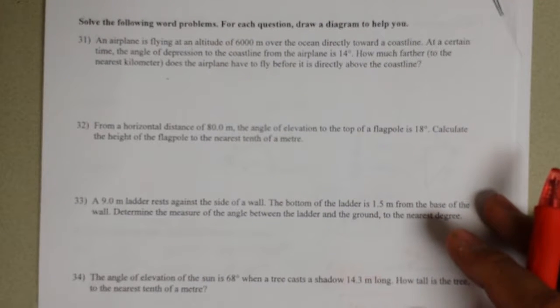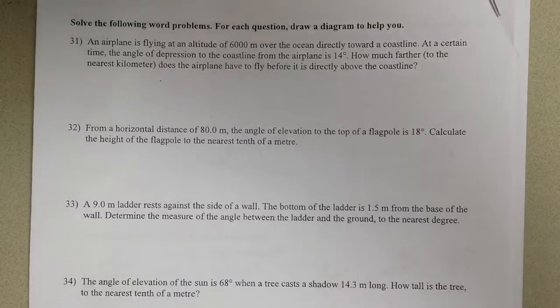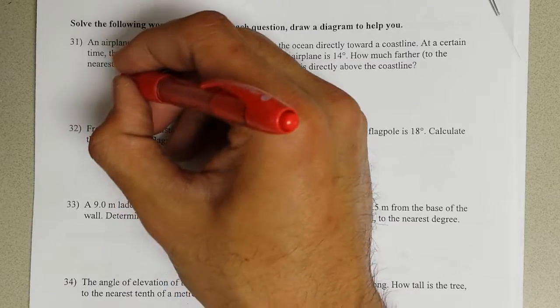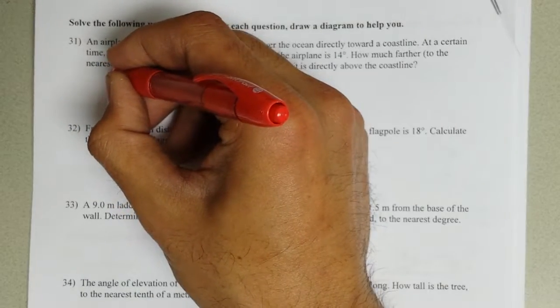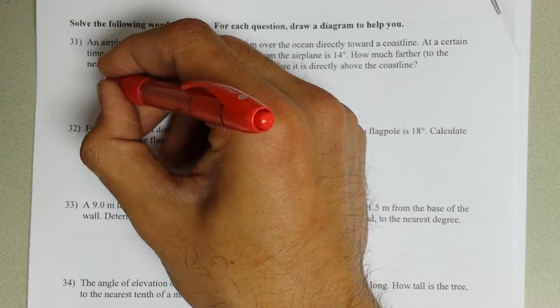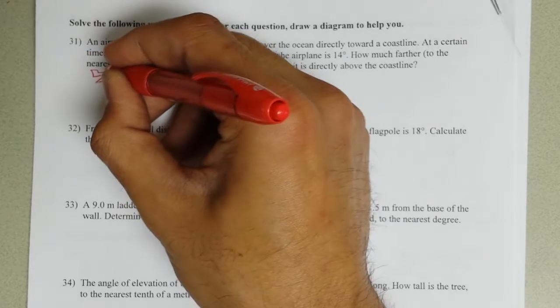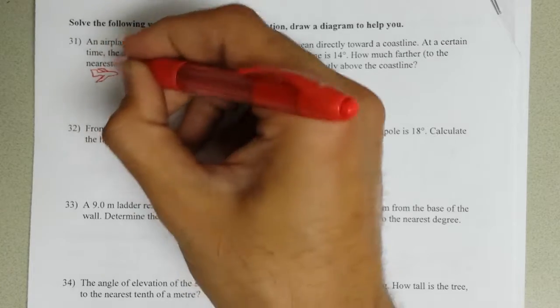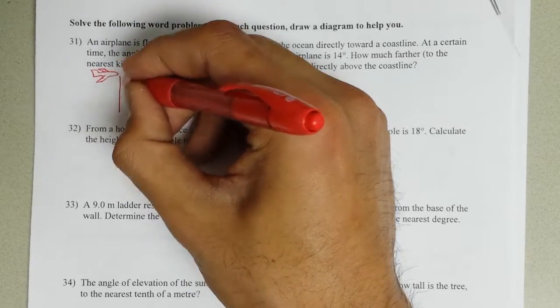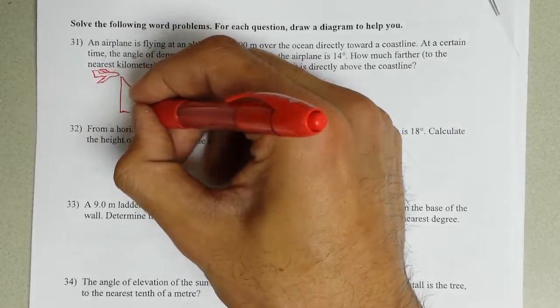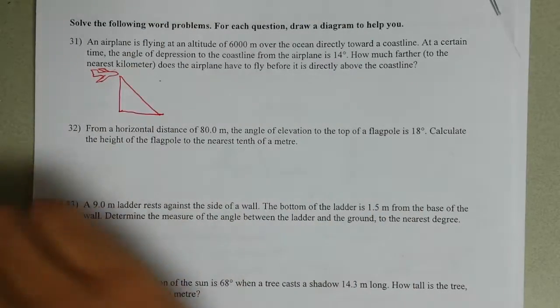Okay, let's get into focus here. There we go. Alright, an airplane. So we have a little airplane over here. This airplane's flying, and you have the ocean down here.